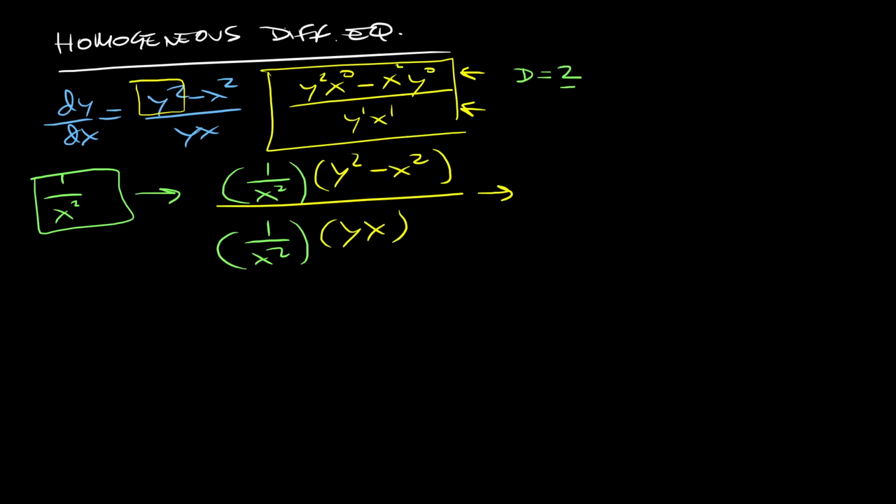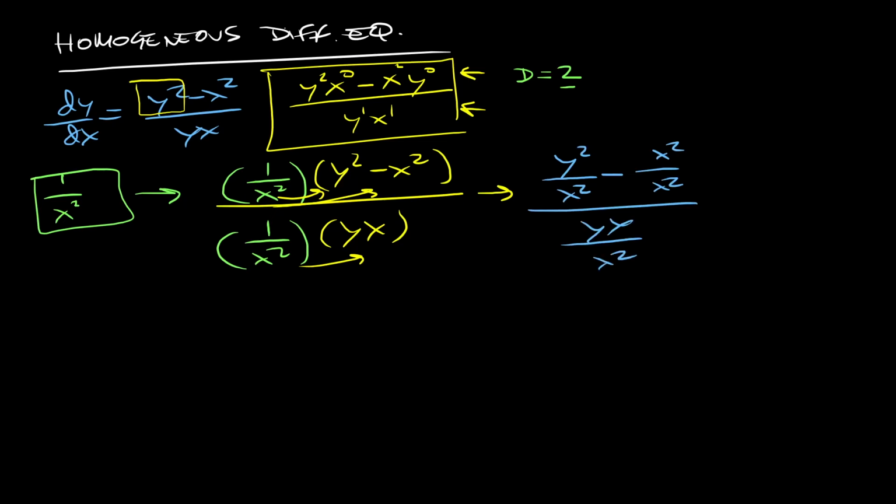Now we distribute this to each term so we can simplify the expression a bit. We get y squared over x squared, minus x squared over x squared, divided by yx over x squared, and this is the same dy/dx. I just left this out for you to get a better understanding, but keep this in mind because we're going to need it later on.